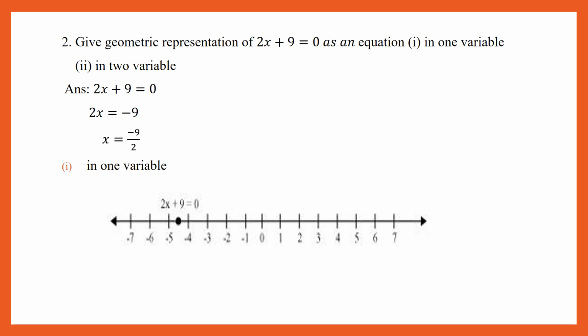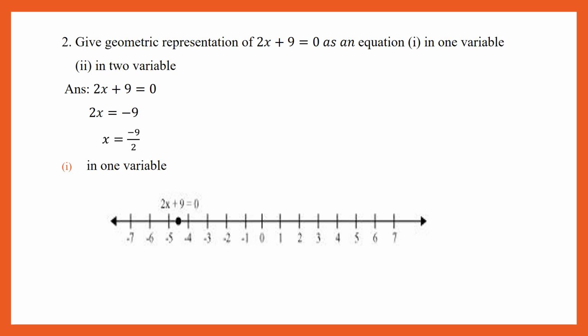Question number 2. Give geometric representation of 2x plus 9 equal to 0 as an equation in one variable and in two variables. 2x plus 9 equal to 0. From this we can say 2x is equal to negative 9 and x is equal to negative 9 by 2, which is negative 4.5, which is a point on the number line and on the x-axis.